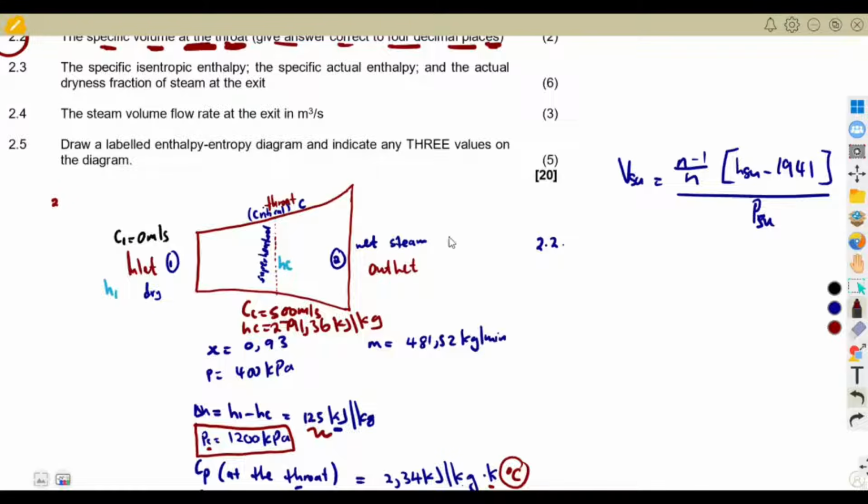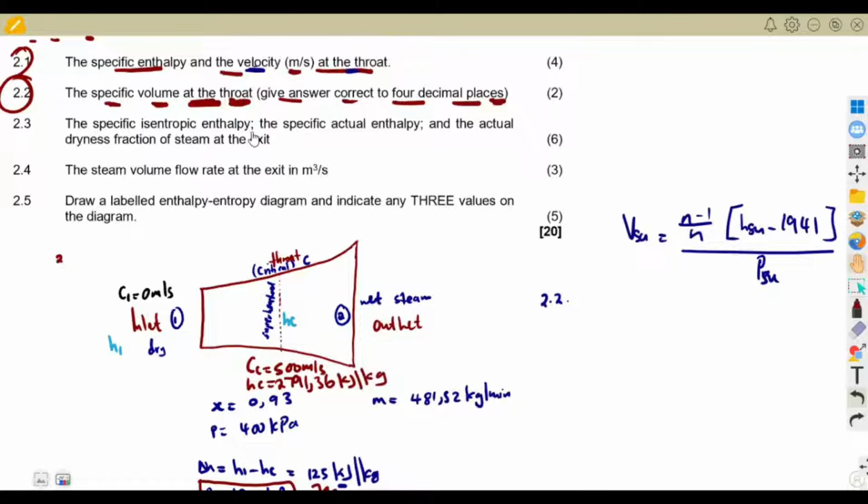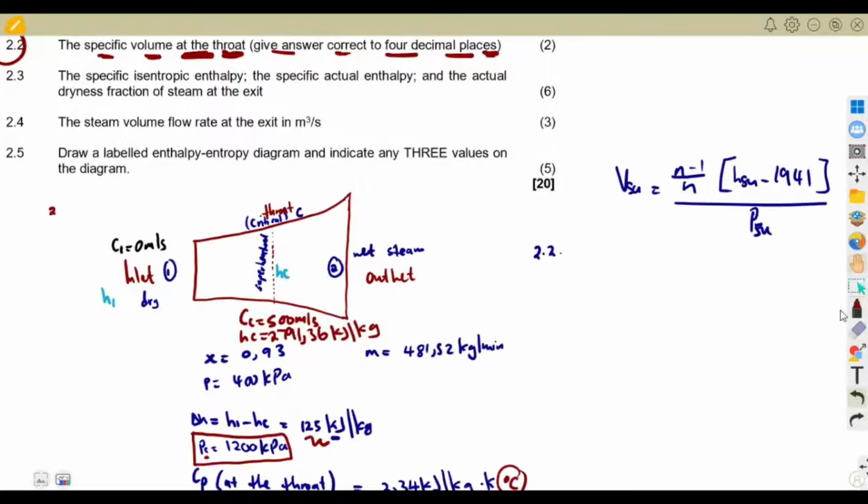As we are referring to the superheated steam, which is happening where? At the throat. So the volume that we shall have at the throat, written as Vc, is going to be equal to (n minus 1 over n) into the enthalpy that we have when the steam is being superheated. Which enthalpy is that?